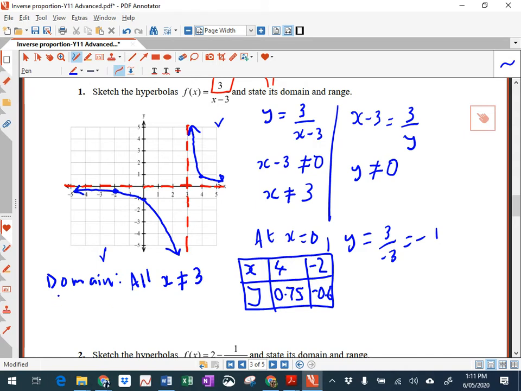Or the other way of writing it is the x values go from, if you like, minus infinity up to but not including 3, union 3 to infinity.